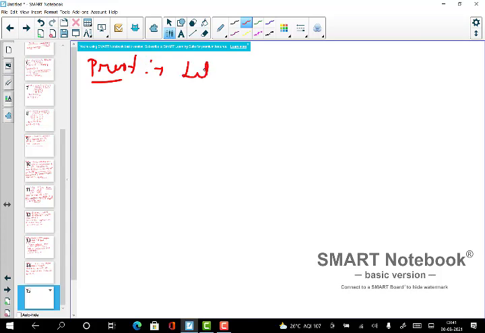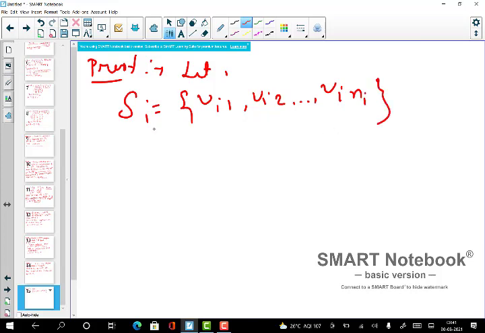Let this set Si look like something like that: say Vi1, Vi2, and so on, up to Vi ni maybe. So S1 equals V11, V12, up to V1 n1, similarly S2 equals V21 and so on, like this.